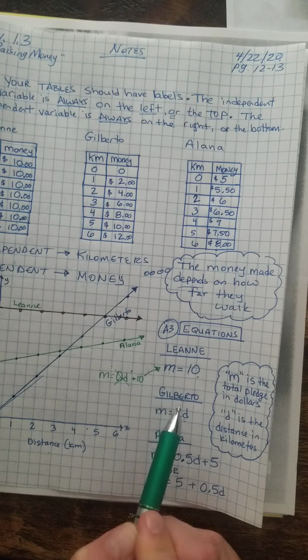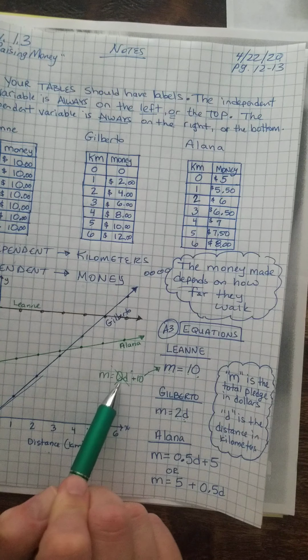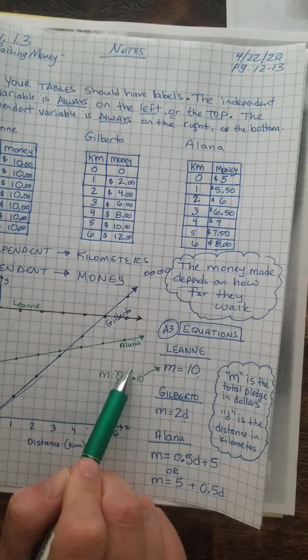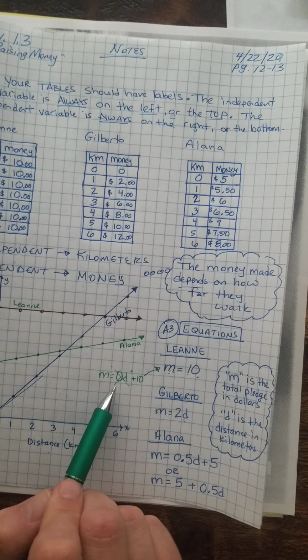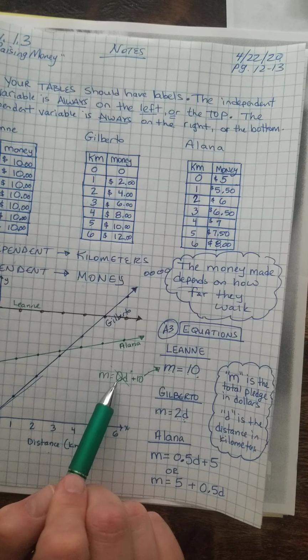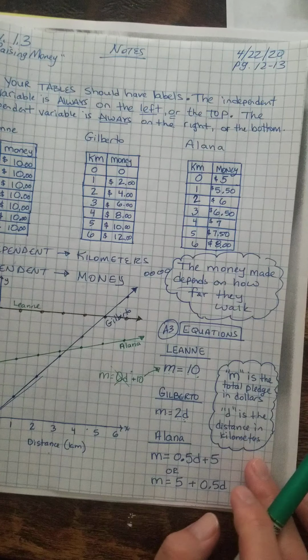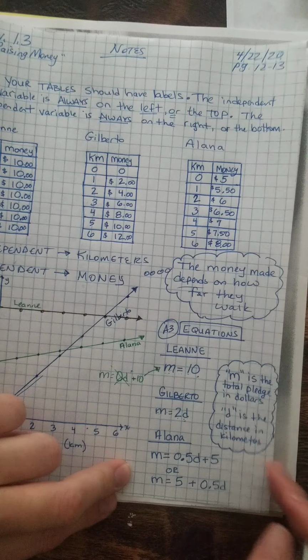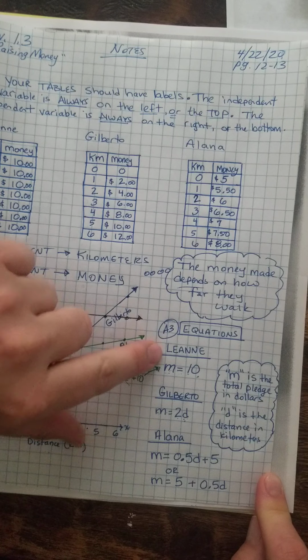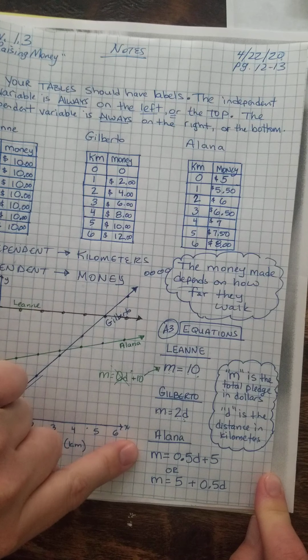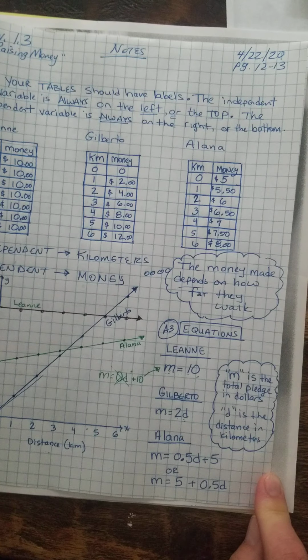Leanne's is the only one that has just one variable, because that D variable would essentially disappear once you did the 0 times D. So Alana, maybe I should have done Alana's first because it makes a little more sense talking about Leanne's. But you had a couple of options there.